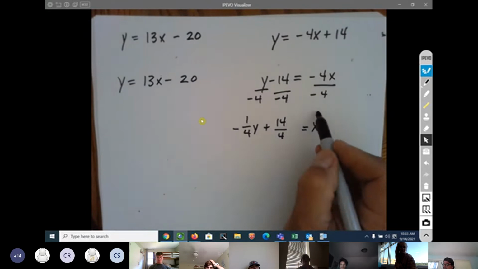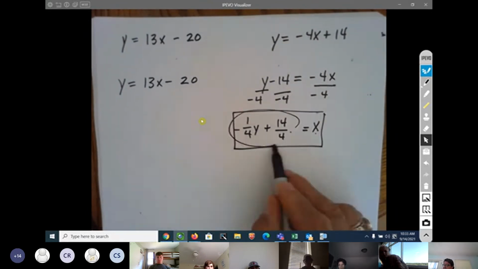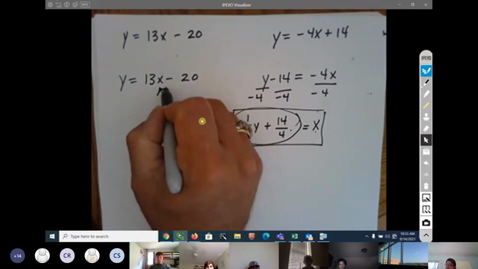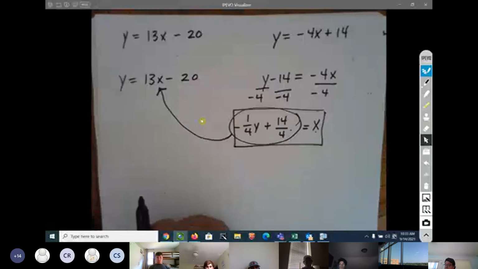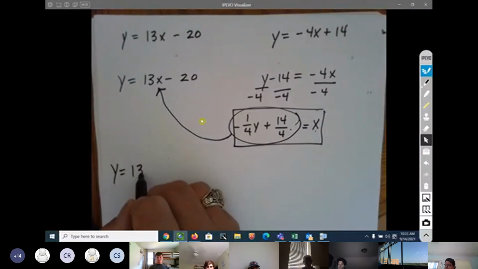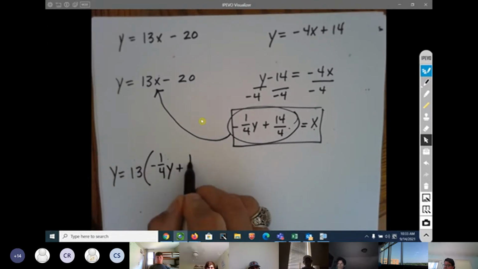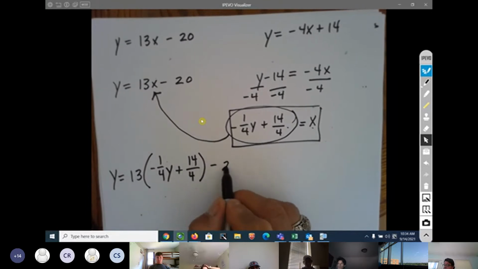Then since x is equal to this, I can take that and plug it in for x, and that's called substitution. Y is equal to 13 times negative 1/4 y plus 14/4, minus 20.